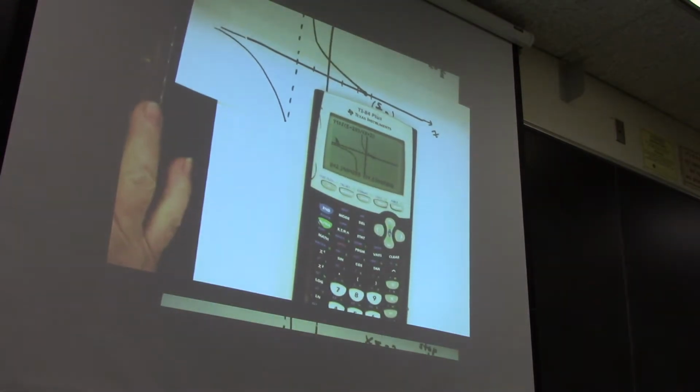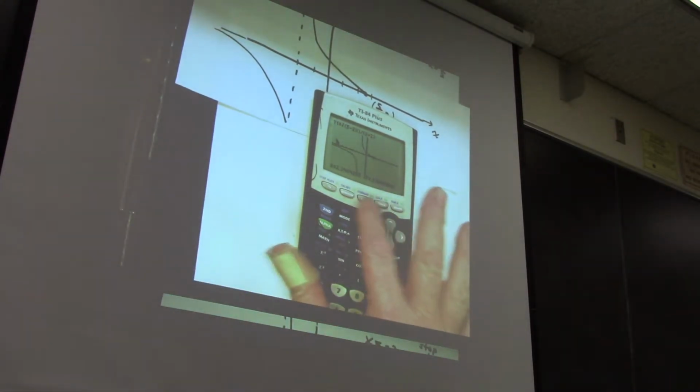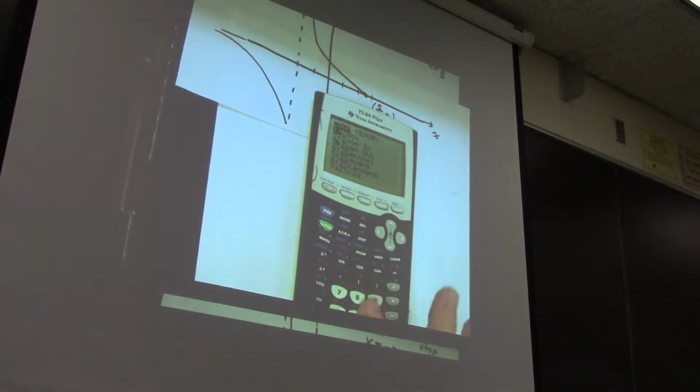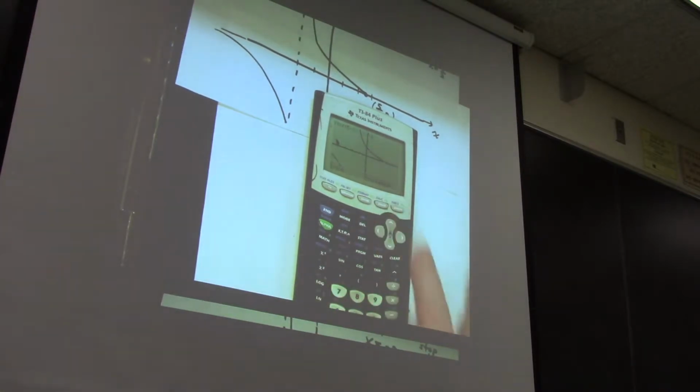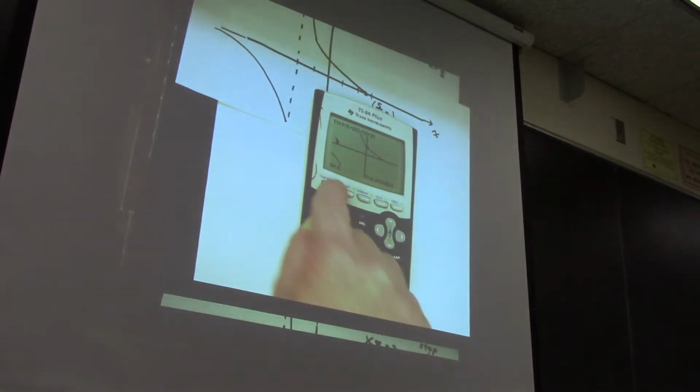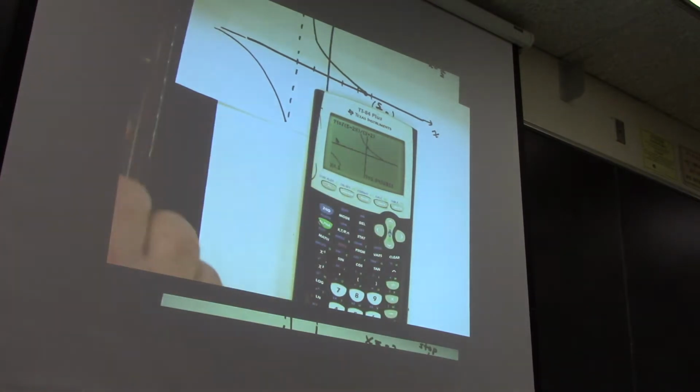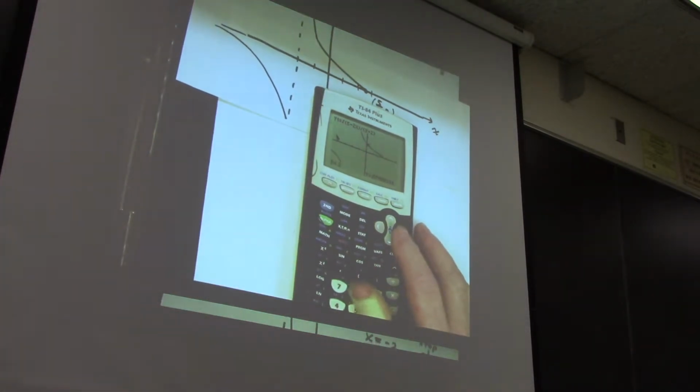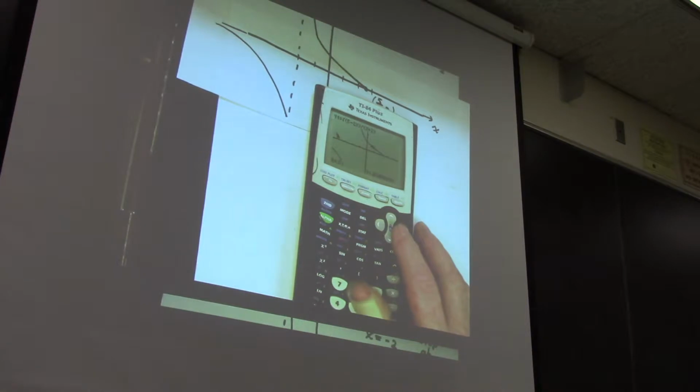If we were in a zoom decimal window, then the pixels are at every 1/10 of the way. So we can see that, okay, at 2.4, we got a y value.